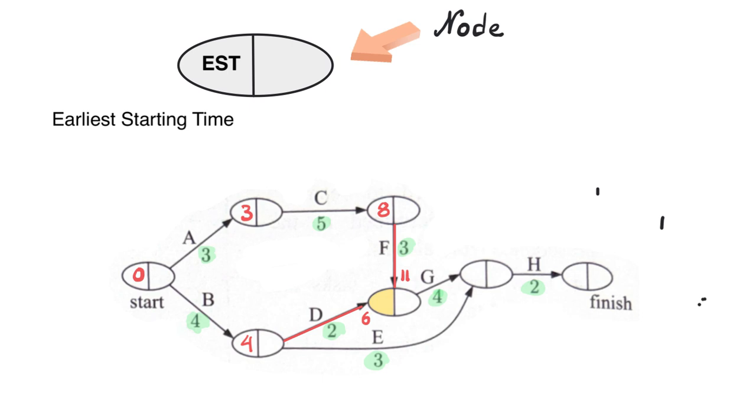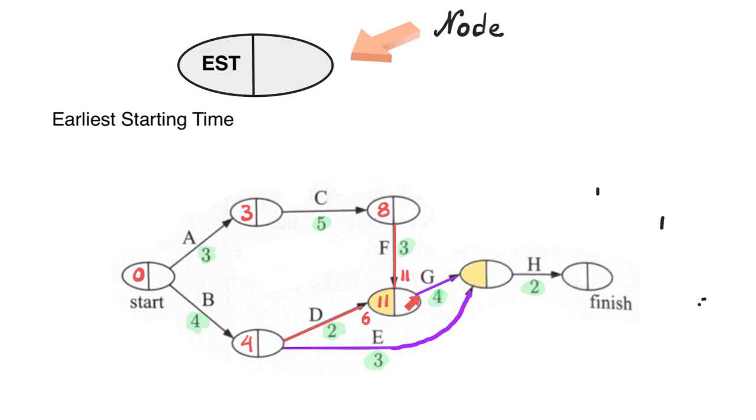Now the question is, which one of these shall we put as the earliest starting time? We will put the largest value, which is 11. To begin task H, we have 2 tasks which converge over here, and that is task G and also task E. So we must find out now what is the largest value.